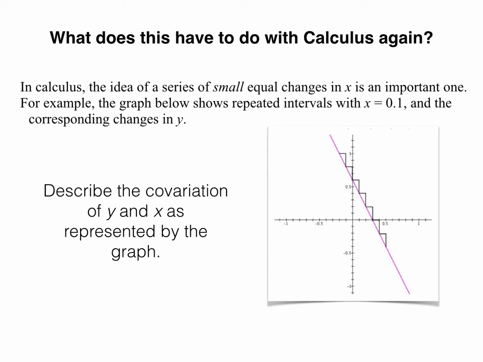Can we be more specific? Can we be even more specific in terms of sizes of changes? What is that constant rate? How might we figure it out?